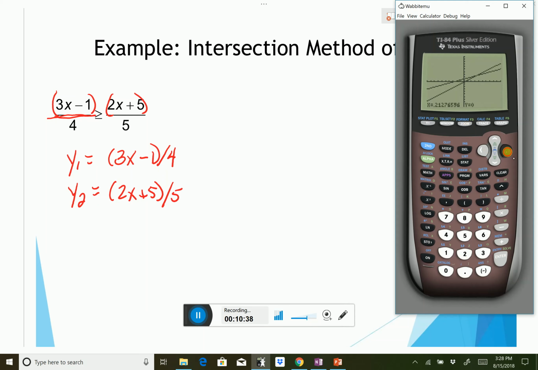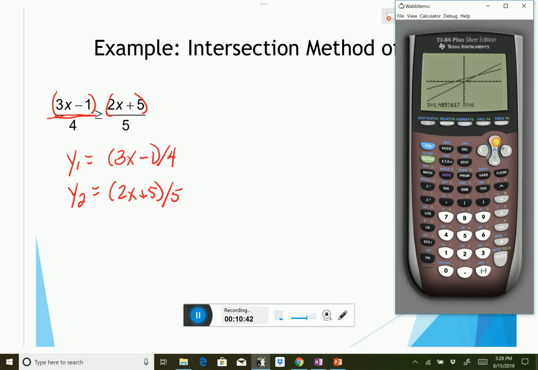And what's nice is you can actually zoom right where the intersection is, if you like. So I'm zooming this in right on top of the intersection. And you can see it even better. Look at that.